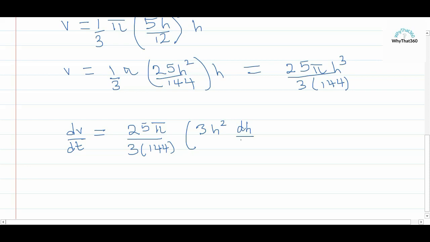It's more like implicit functions. 3h squared dh/dt.